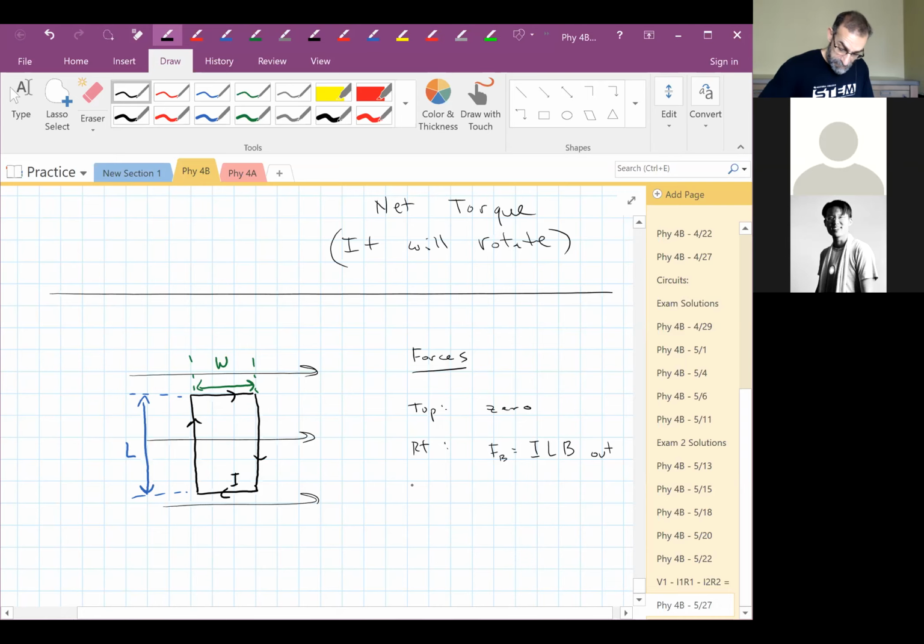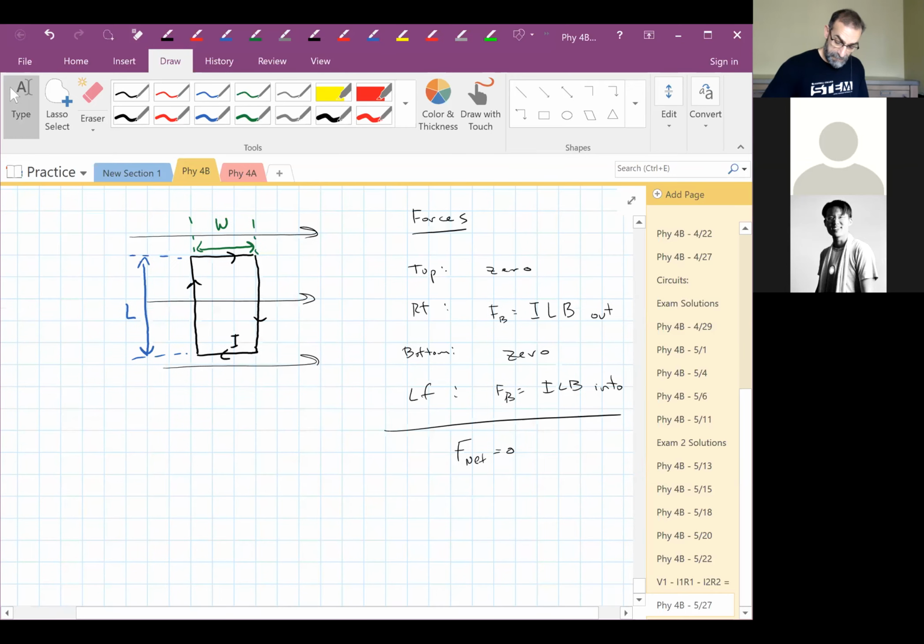The bottom, 0. And the left is going to be I, L, B into the page. We add them all up, 0. But let's find the torque.